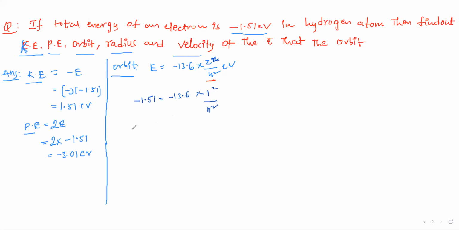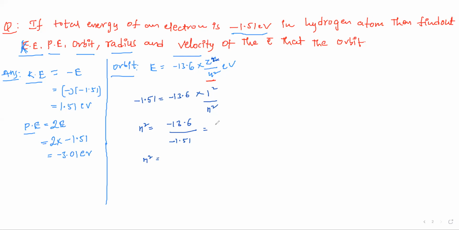Now N square equals minus 13.6 by minus 1.51. How much is that? We get 9.